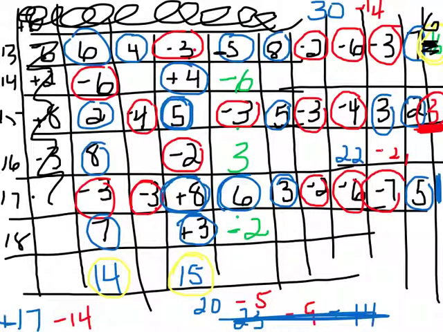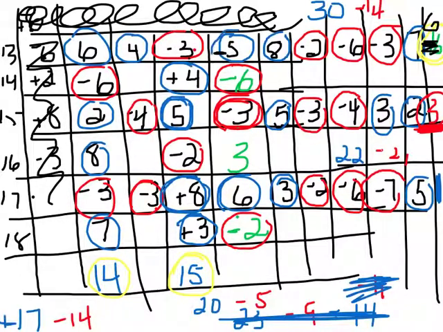Let's see. On that column that I wrote green in, we'll do the reds first. -6 and -3 is -9. And -2 is -11. And now I'm going to go add my positives up. I'll circle them in blue. Wait, that's not right. Because I didn't count the first one, did I?